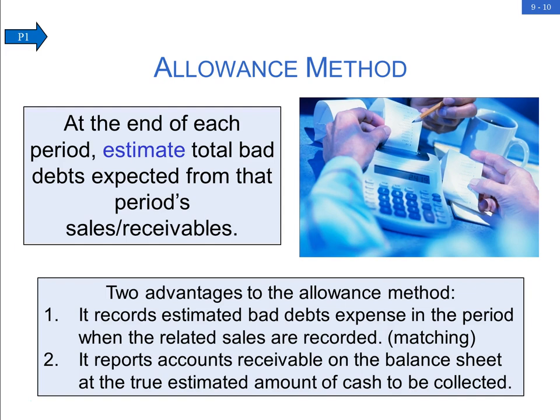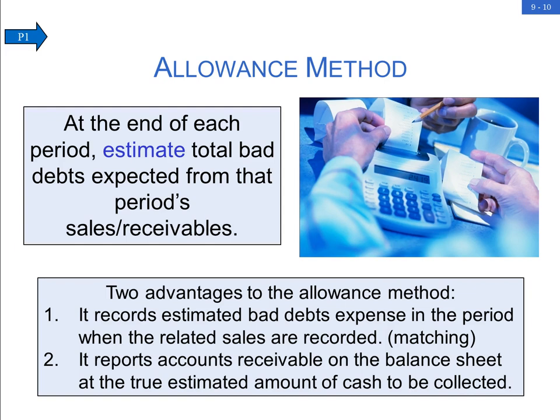Naturally, some percentage of them are just not going to pay, but usually it's still worth it for businesses to extend credit to generate a lot more revenue, because only a small percentage are not going to pay. So it does match those bad debt expenses with the revenues they help generate, meaning we record both the bad debt expense and the sales in the exact same period.